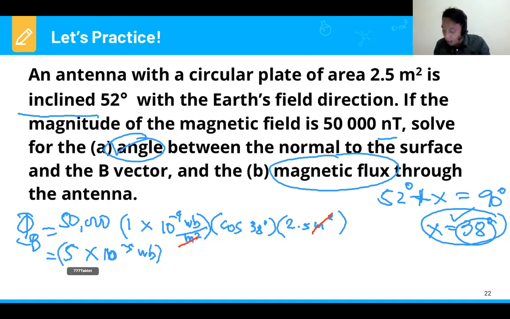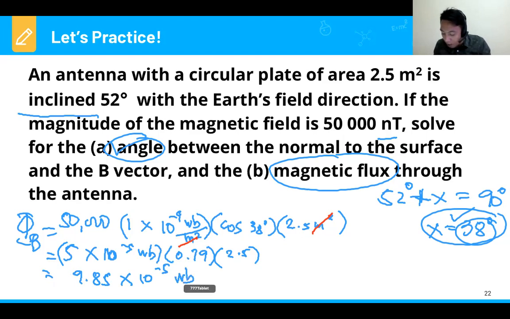Multiplied by cosine 38 degrees, which is 0.79, and then 2.5. Okay, so if we will multiply all of those, the answer will be 9.85 by 10 raised to negative 5 Wb.